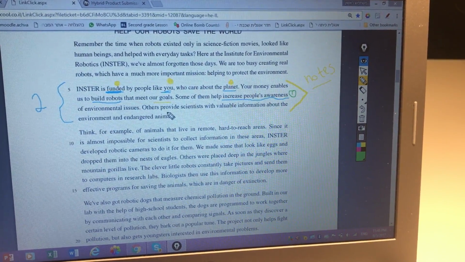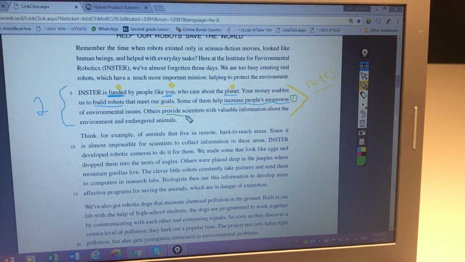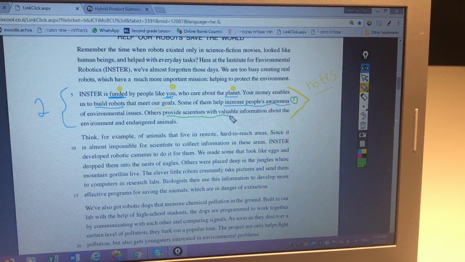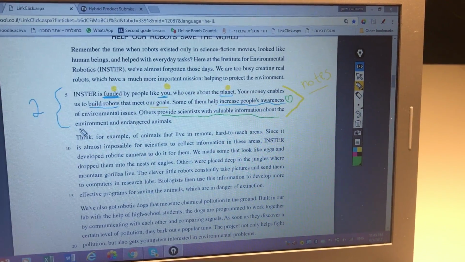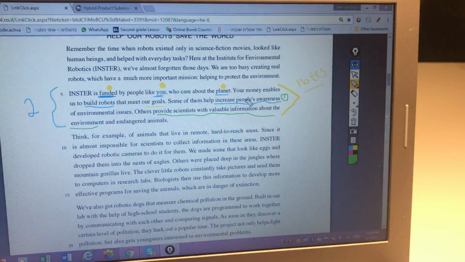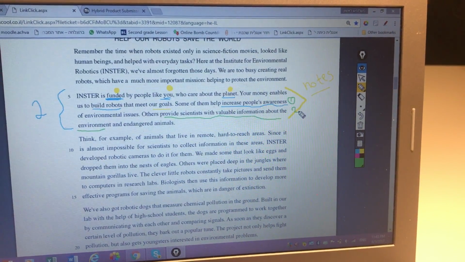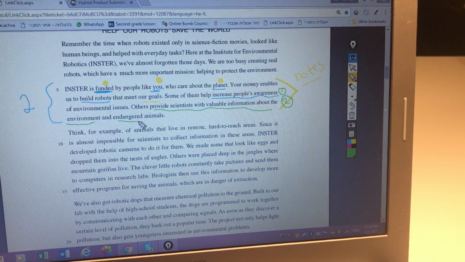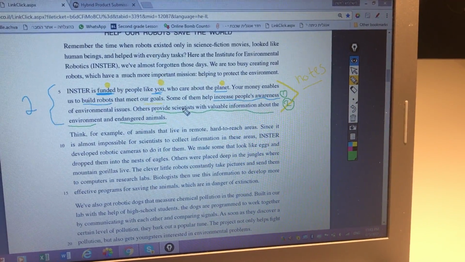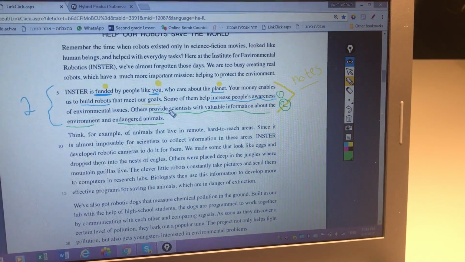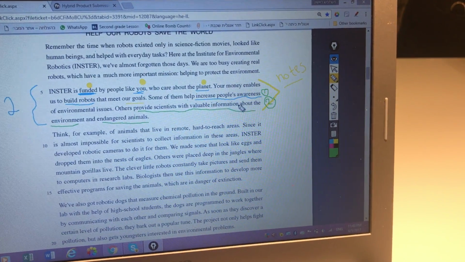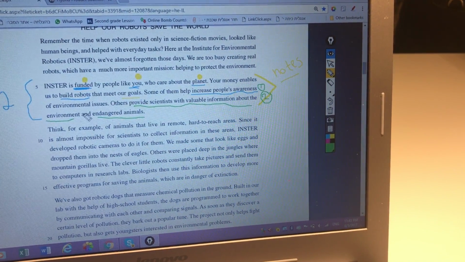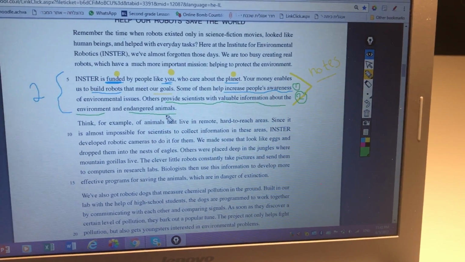Others, here's another one. They provide scientists with valuable information about the environment. That would be the second thing they do. They provide scientists with valuable information about the environment and endangered animals.